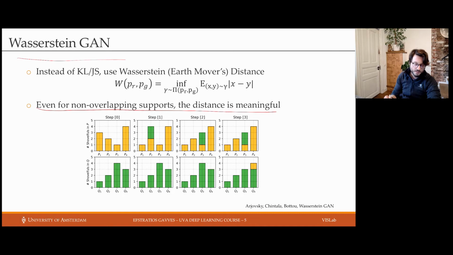The benefit is that now, even for non-overlapping support regions, we can obtain meaningful distances, and therefore the generator and the discriminator can better optimize the min-max game required by generative adversarial networks.